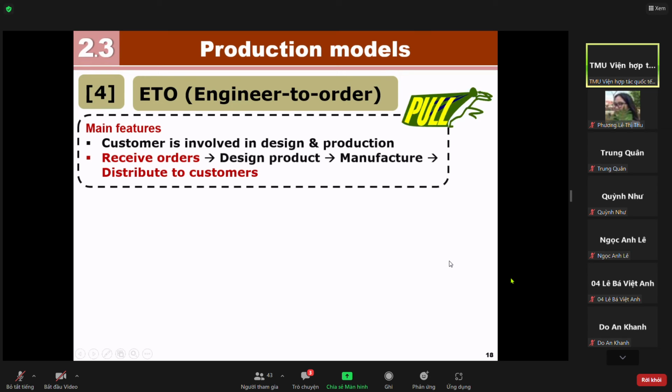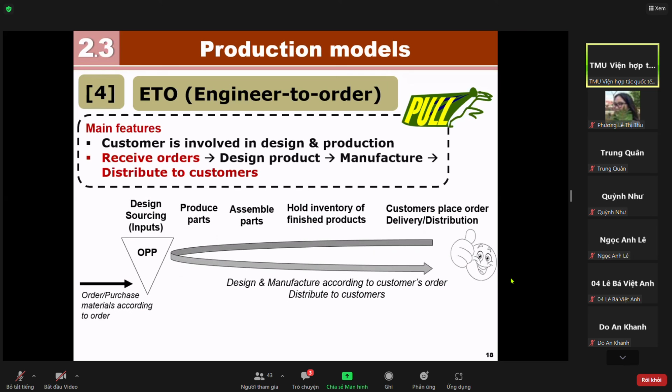So this model is 100% pull. Totally pull. They wait until the orders come and then start doing everything from the beginning steps. Here you see that even in design and sourcing, the customer may penetrate.